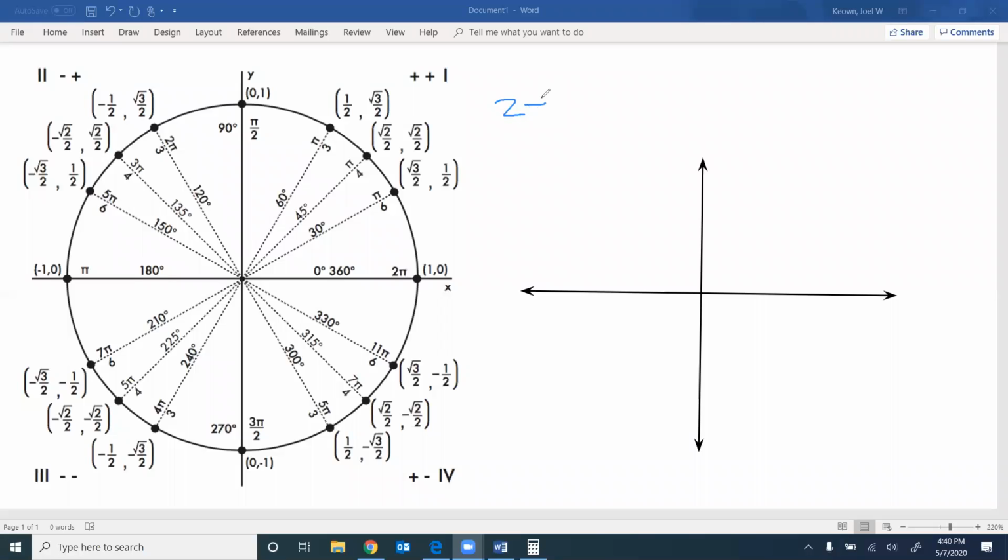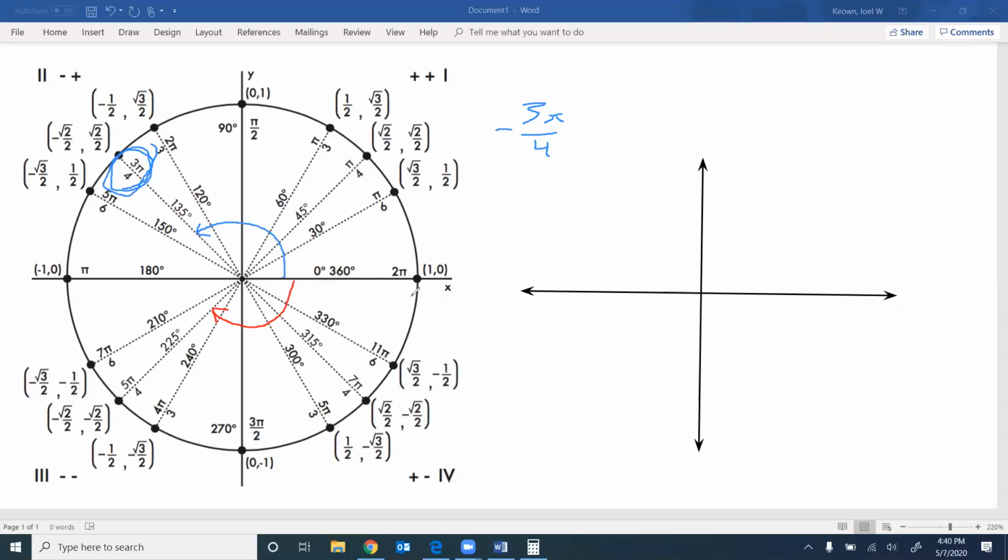The next one is a negative, so we're going to go backwards. It's negative 3 pi over 4. All right, well, let's look at my unit circle. Where's 3 pi over 4? 3 pi over 4 is right here. It's 135 degrees. But this is assuming that I'm doing positive. Well, if I went there in the negative, then I would go backwards 135.